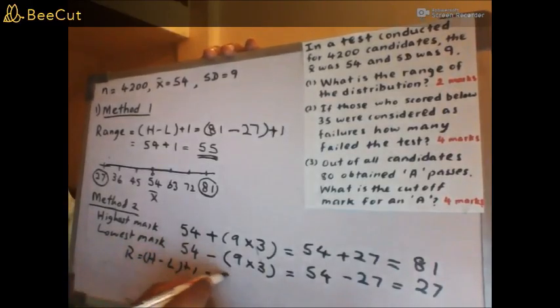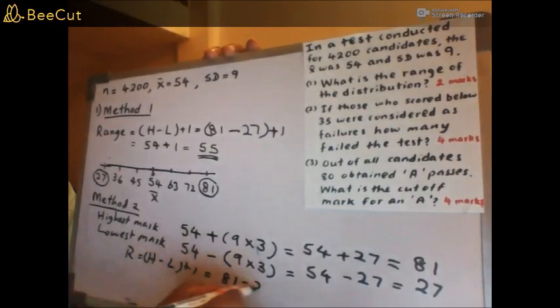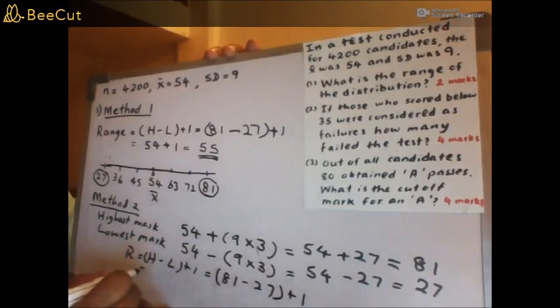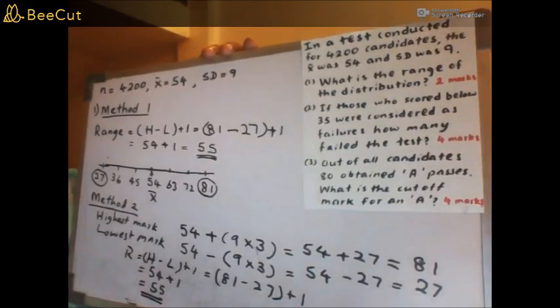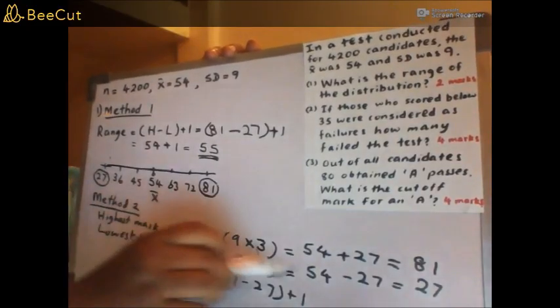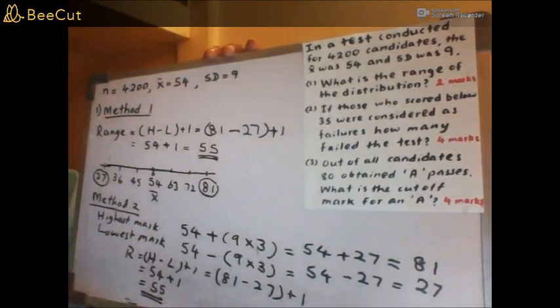That is 81 minus 27 plus 1, so 54 plus 1. The answer is 55. That's the second method. The concept is the same.